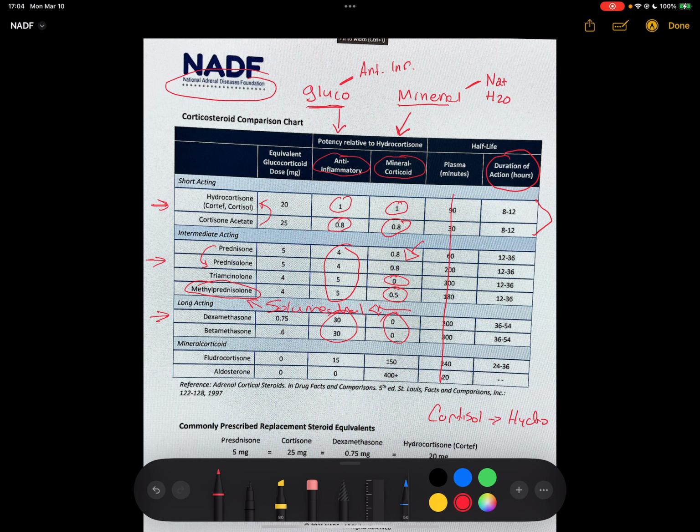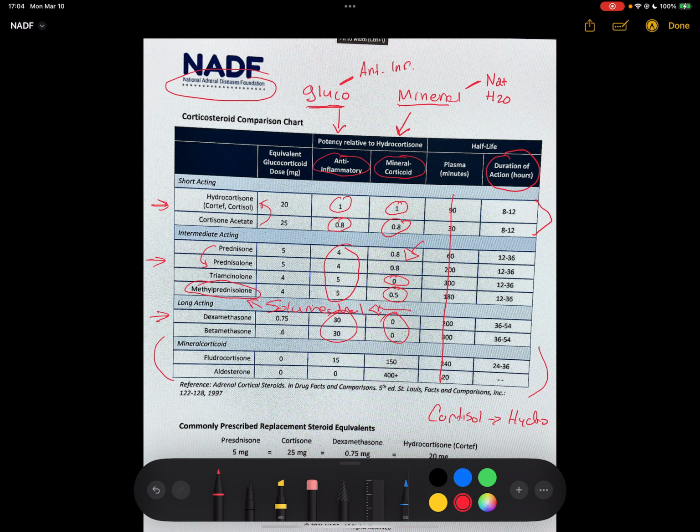And then you move down to this last row of medications, and these are medications that have a profound amount of mineralocorticoid activity compared to the glucocorticoid activity.